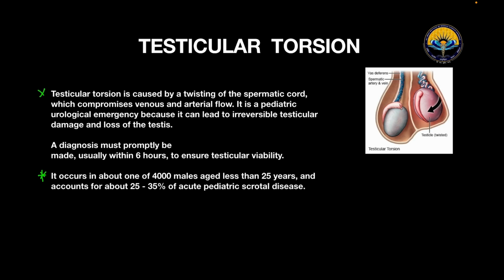Testicular torsion is caused by twisting of the spermatic cord, which compromises venous and arterial flow. It is a pediatric urological emergency because it can lead to irreversible testicular damage and loss of the testis. So the diagnosis must be made promptly, usually within 6 hours, to ensure testicular viability.